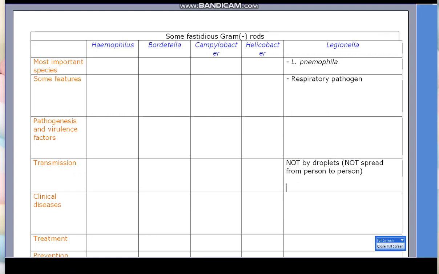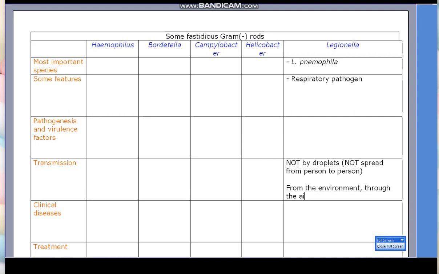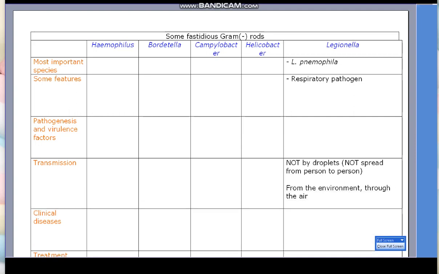The transmission of Legionella pneumophila is from the environment, through the air. This is called airborne transmission. Airborne transmission. This is totally different to droplets.